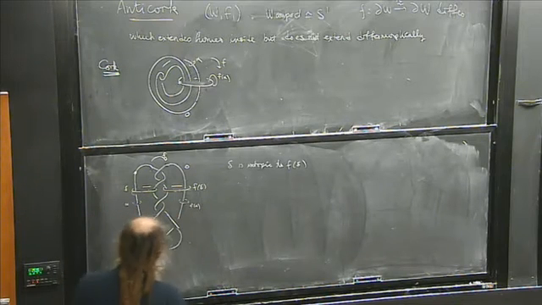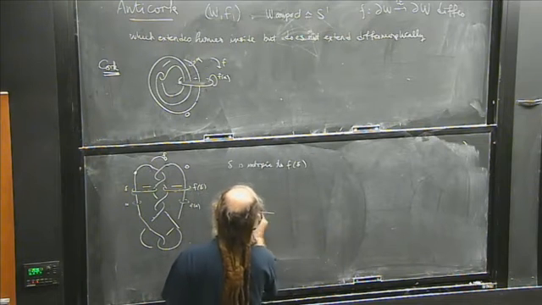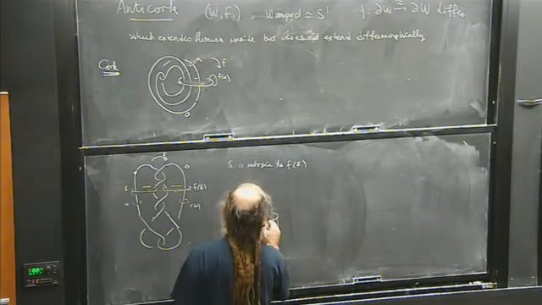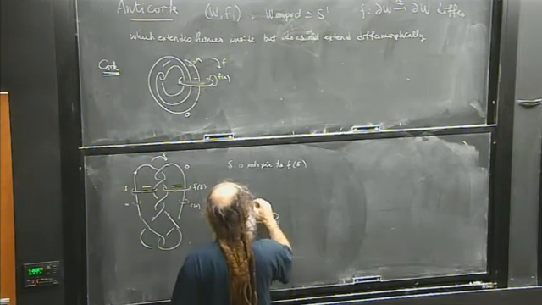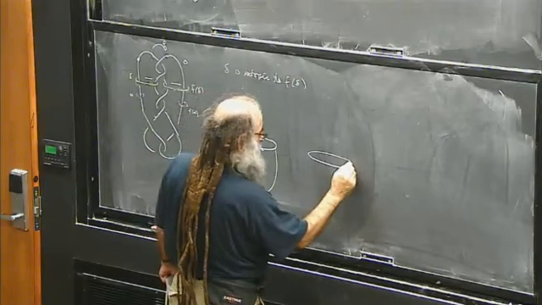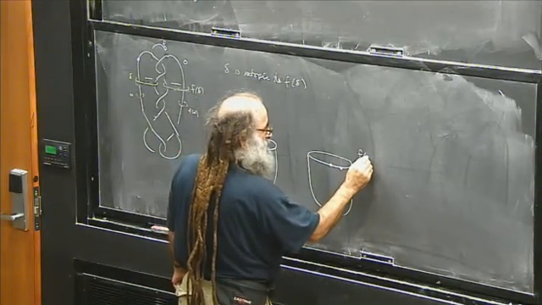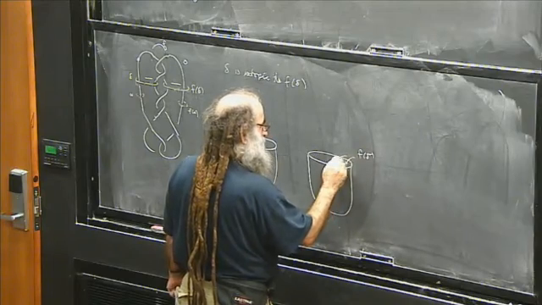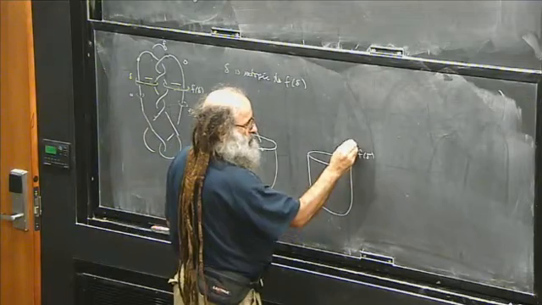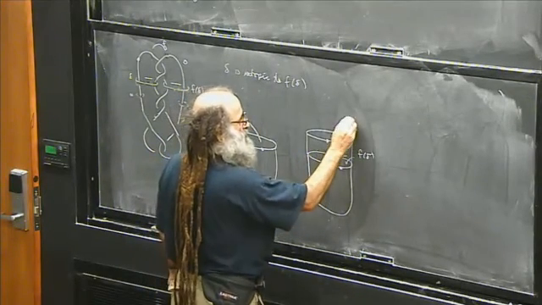So what's the picture? There's a cork, and I have delta circle there, and then f of delta here. But since they are isotopic, I can put a collar here, and I still have delta here.